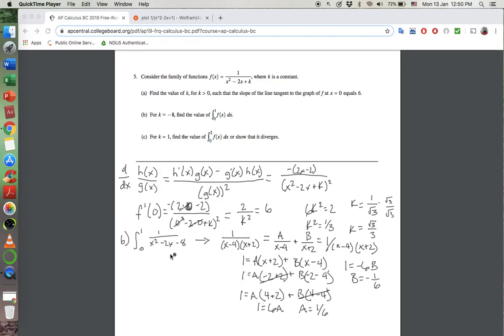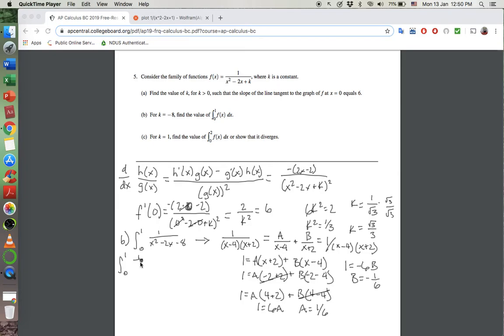Now we can go back and do our integral. So we did our partial fraction decomposition, and so what we can do is take this function using our values for a and b and do the integral using this function instead of the original. And so we're going to have the integral of a over x minus 4 plus the integral of b over x plus 2, from 0 to 1.